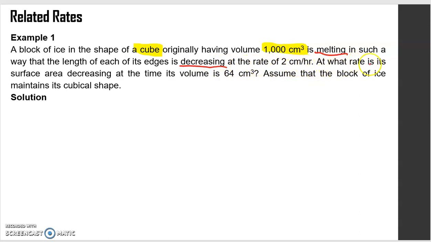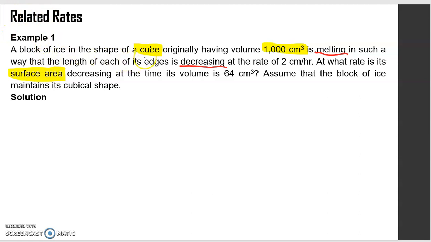At what rate is its surface area decreasing at the time its volume is 64 cm cubed? Assume that the block of ice maintains its cubical shape. Let's look at this question.